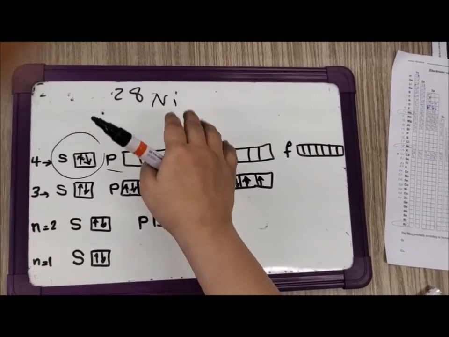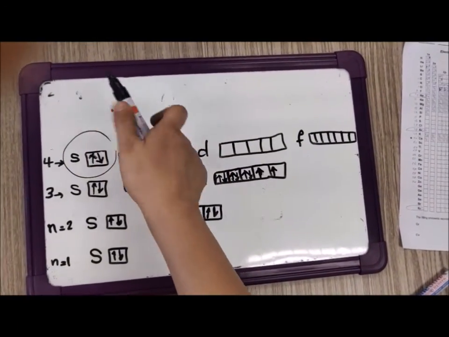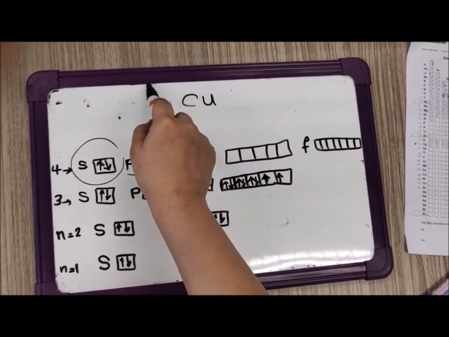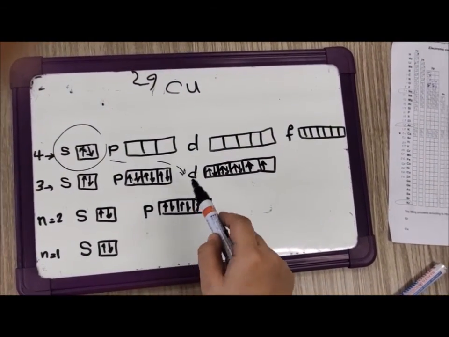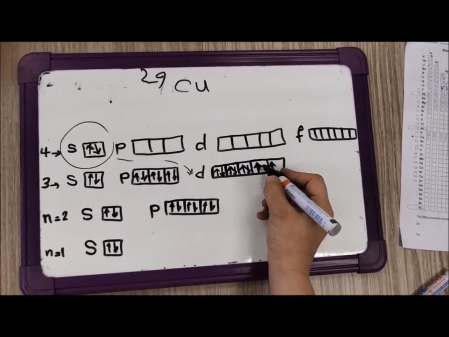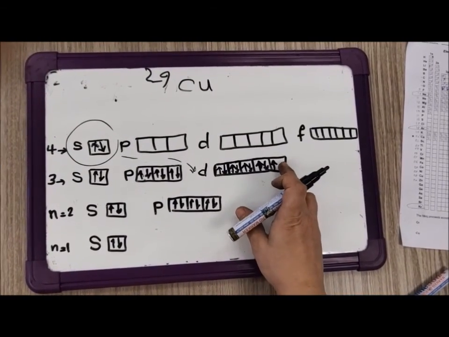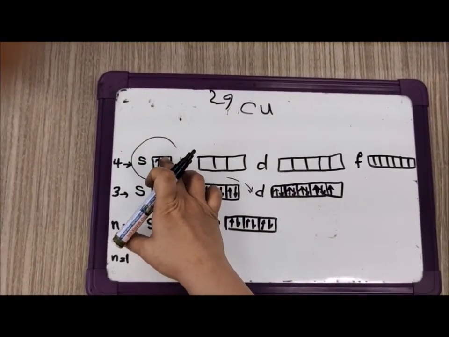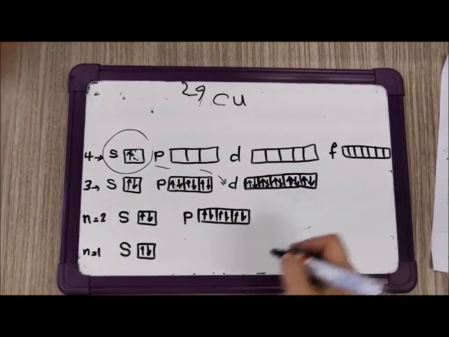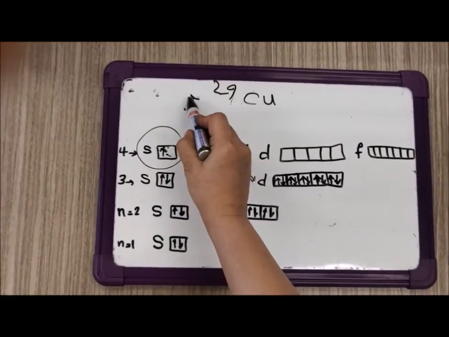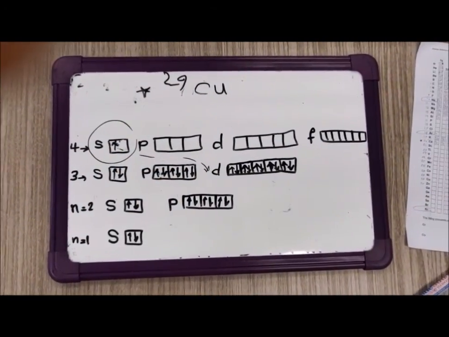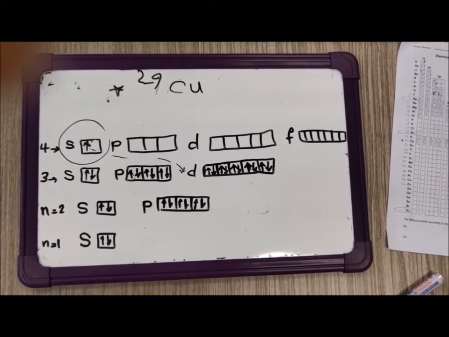For the next element, which is copper with 29 electrons, I need to put one more. I can put one electron here, but you see, it needs only one electron to become stable, so I remove this one from here and put it here. So another exception: s has only one electron in the s orbital.